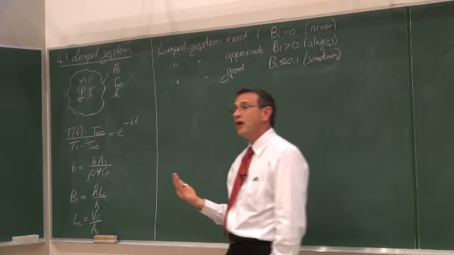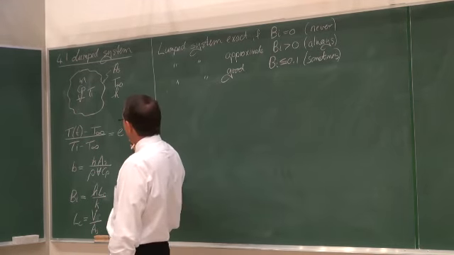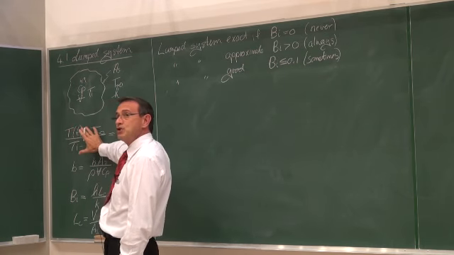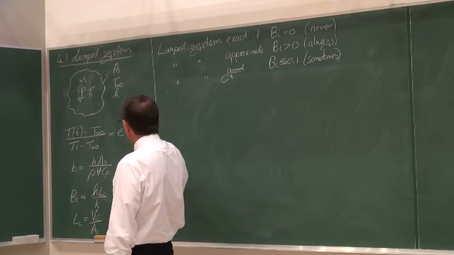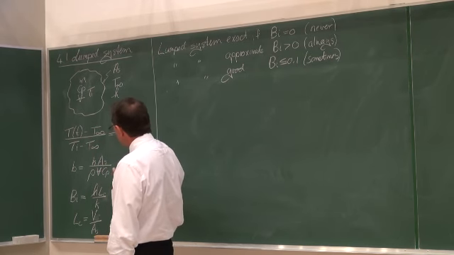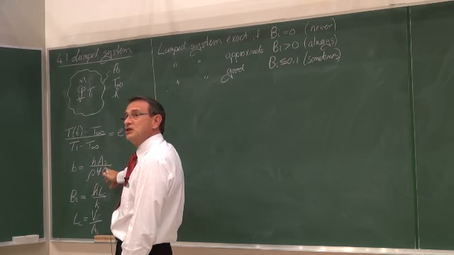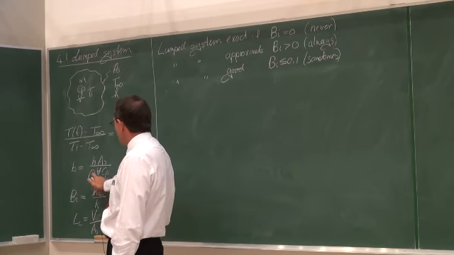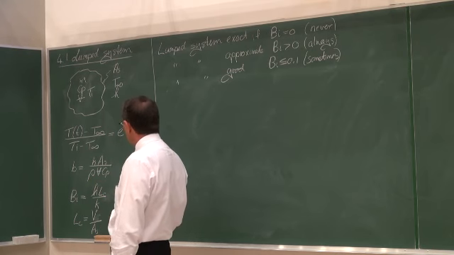Then we derived this simple equation which gives us the non-dimensionalized temperature as a function of time, where b is the time constant. b is equal to the heat transfer coefficient multiplied by the surface area divided by rho, the volume, and Cp.